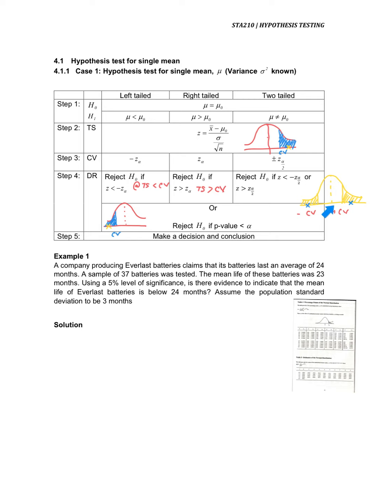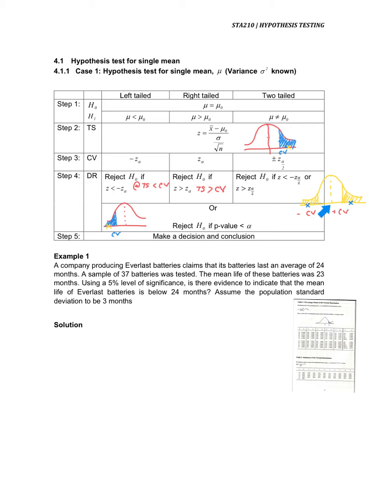So if you see here, we will reject H0 if Z is less than negative Z alpha over 2, meaning either your test statistic is located here or here. But if your test statistic value is located in the middle, then we will fail to reject the null hypothesis.